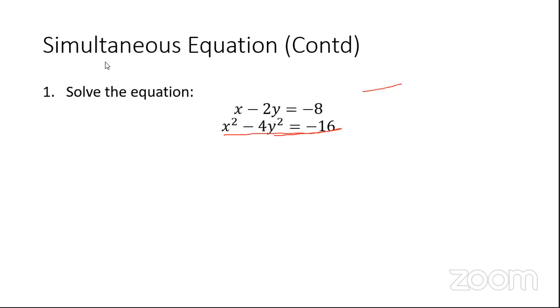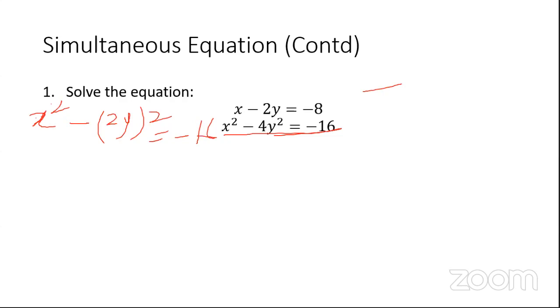So for the difference of two squares, how do we do it? We have x squared, and I can rewrite that one as minus (2y) everything squared is equal to minus 16.